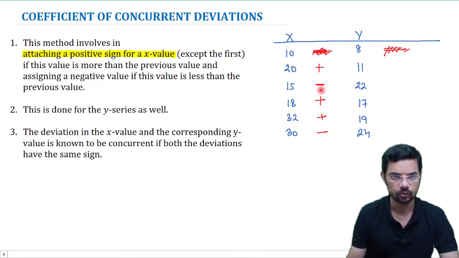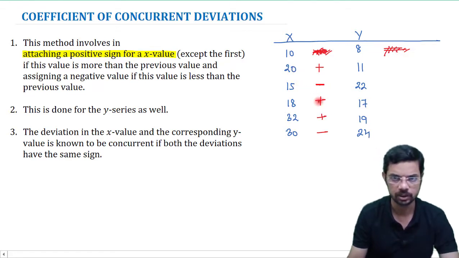So what happens in the first step? We assign signs to each value except the first one, and the sign indicates the type of change. This sign indicates that it has increased to 20. This sign tells us that it is decreasing to 15.